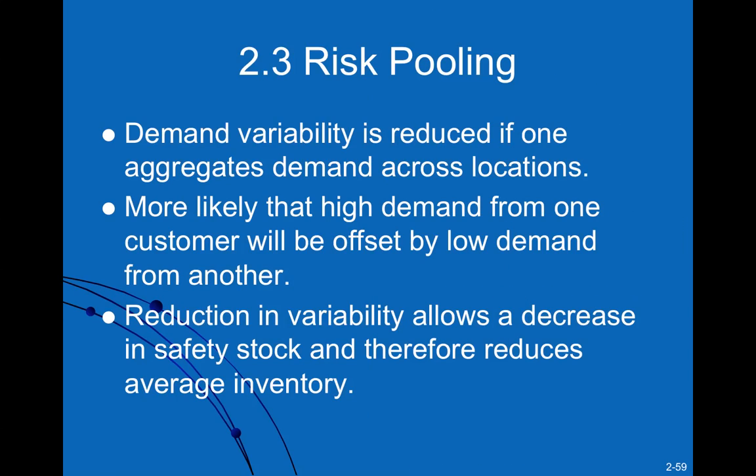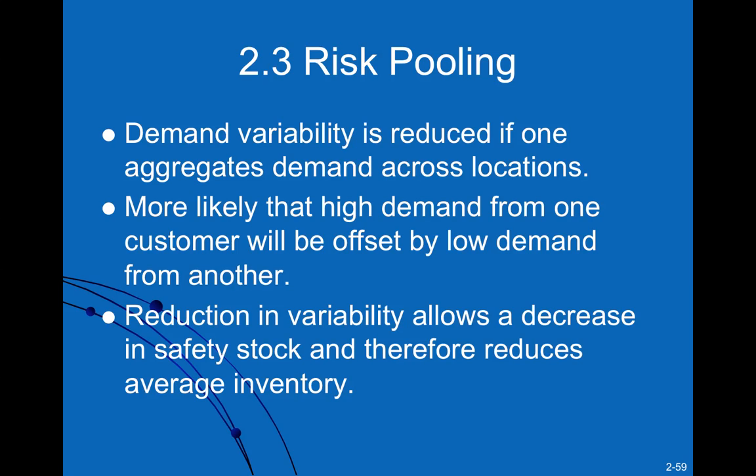Now, if you have, say, multiple distribution centers, it is possible to mitigate against the variability in demand by combining those distribution centers into a single distribution center. There are advantages to be gained, because you're aggregating the variability, and when you aggregate the variability, you reduce its net effect.